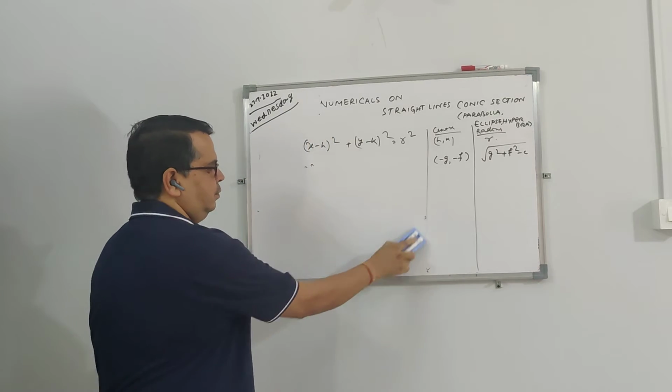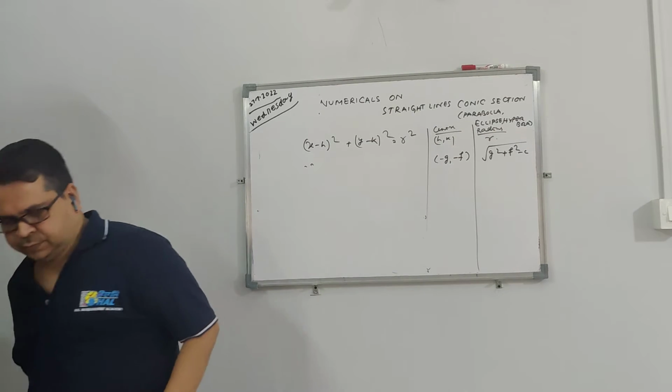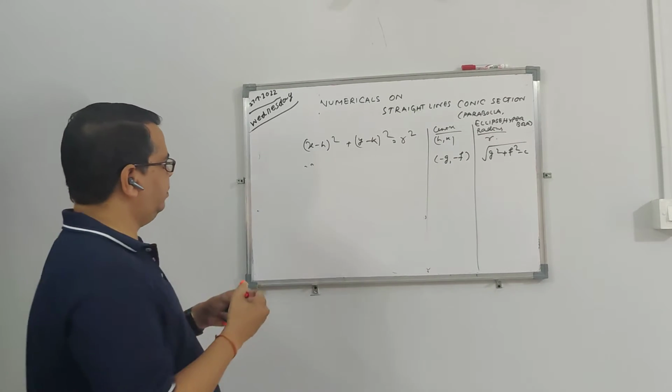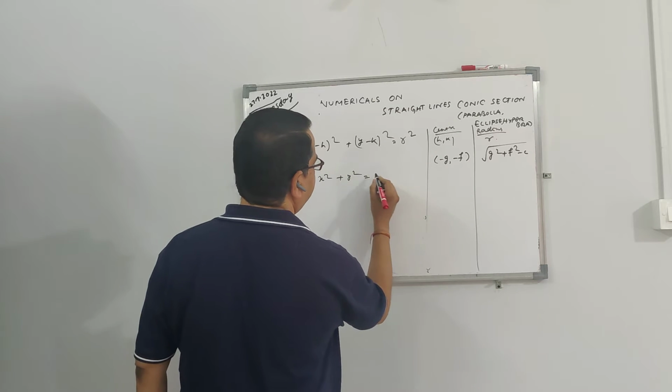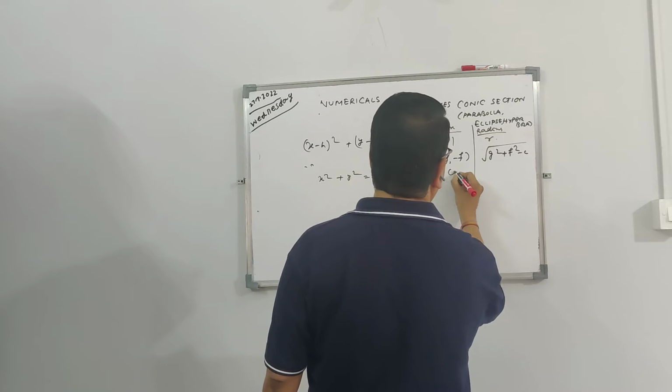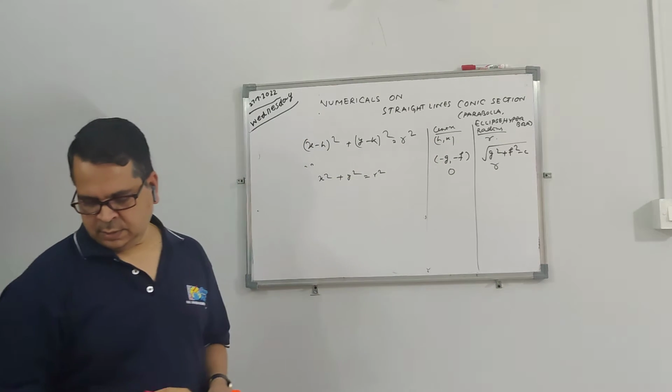So this is one more form of equation of circle. And then the simplest one is x square plus y square is equal to r square. Here the center is the origin, and radius is r.